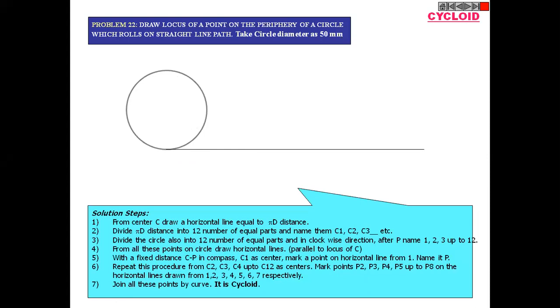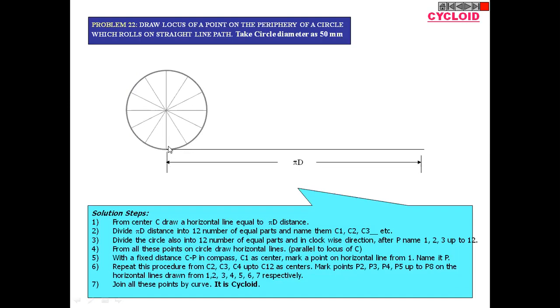The next step is to divide this circle into either 8 equal parts or 12 equal parts, whichever is convenient, with the help of a compass. To divide this circle into 12 equal parts, set the compass equal to the radius of this circle.